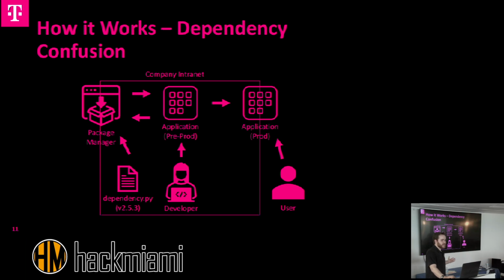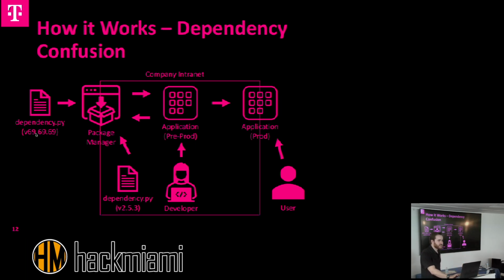So what happens if a dependency of the exact same name is on the external repository that is additionally being checked? If there's a name collision and two different packages, the logic behind most package managers, which is contradictory to much of their documentation, is to look at the version and return whichever has the highest version.